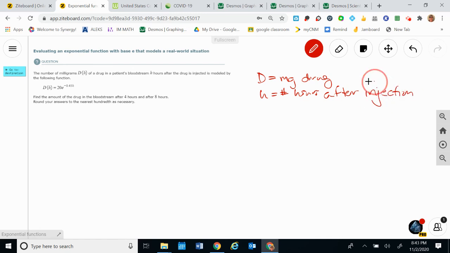This kind of stuff is really important, especially if you've poisoned yourself or taken something really bad. It's really high in the blood, and then over time it decreases. But it takes a while to get out of your bloodstream, and sometimes they use that to your advantage.